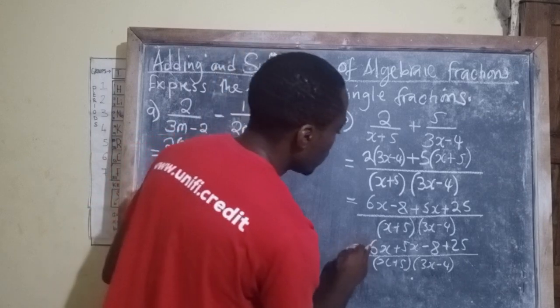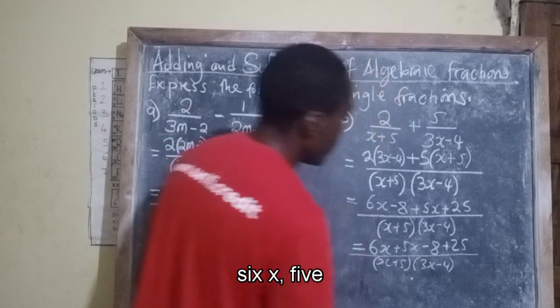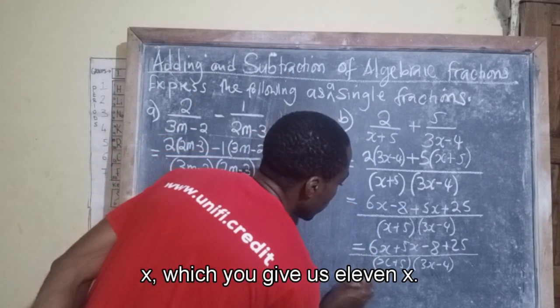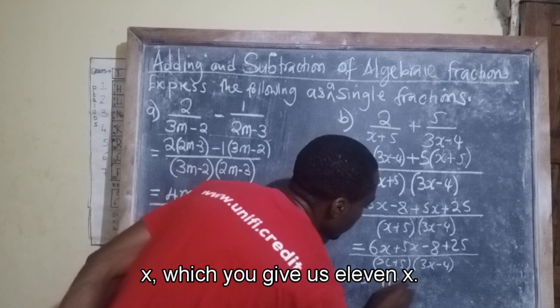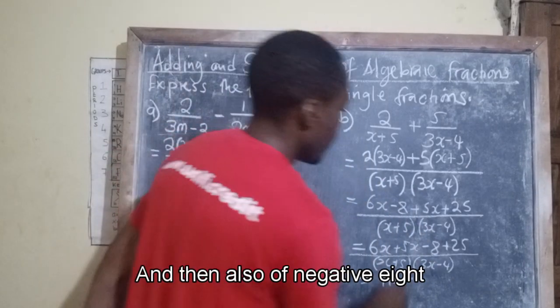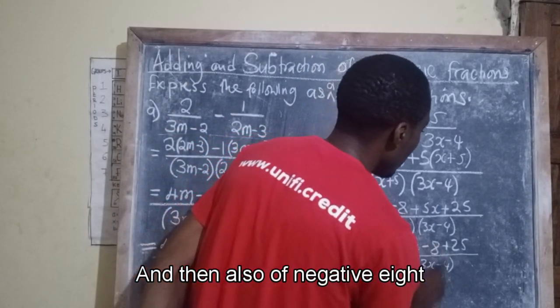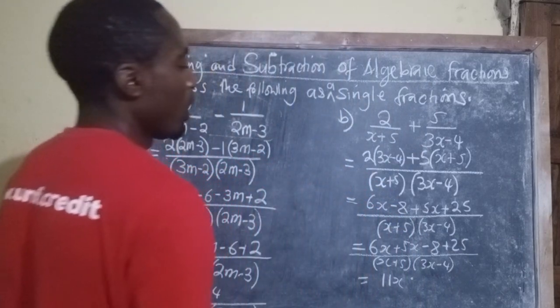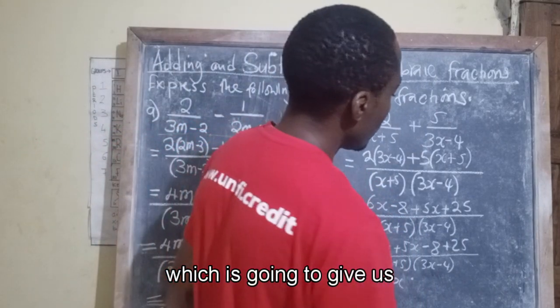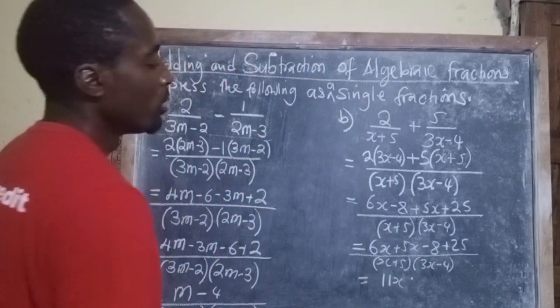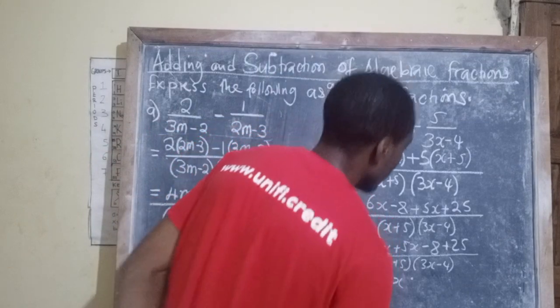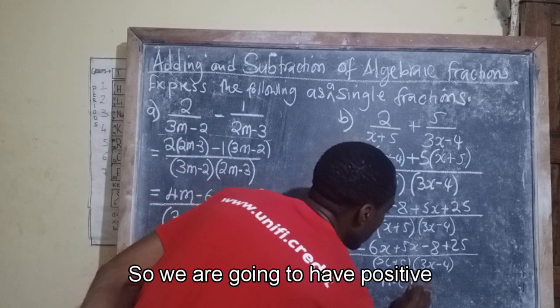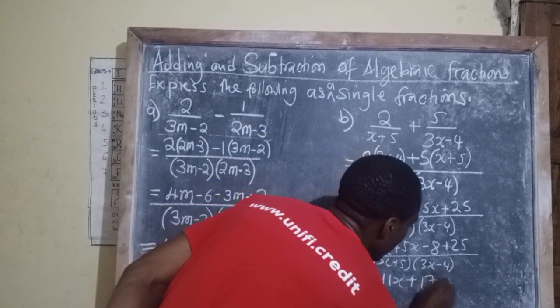So we are going to have 6x plus 5x, which will give us 11x. And then we also have negative 8 plus 25, which is going to give us 17. So we are going to have positive 17.